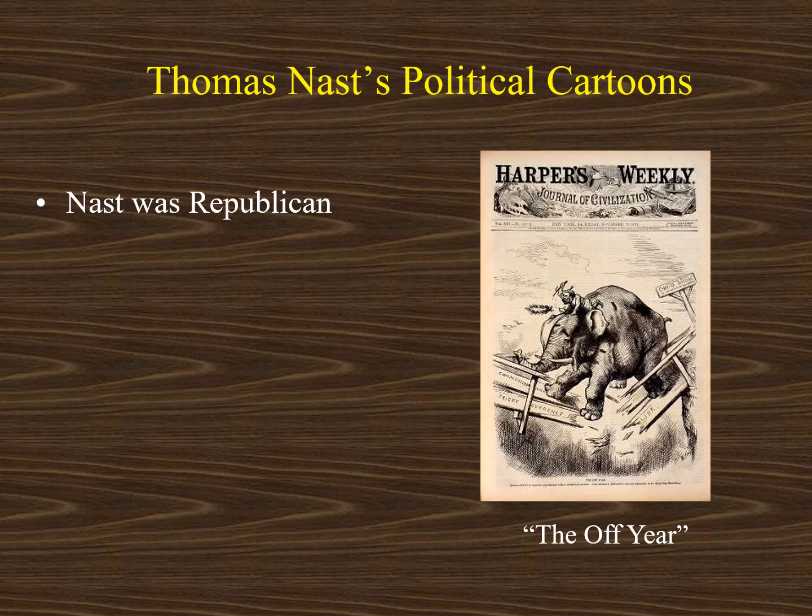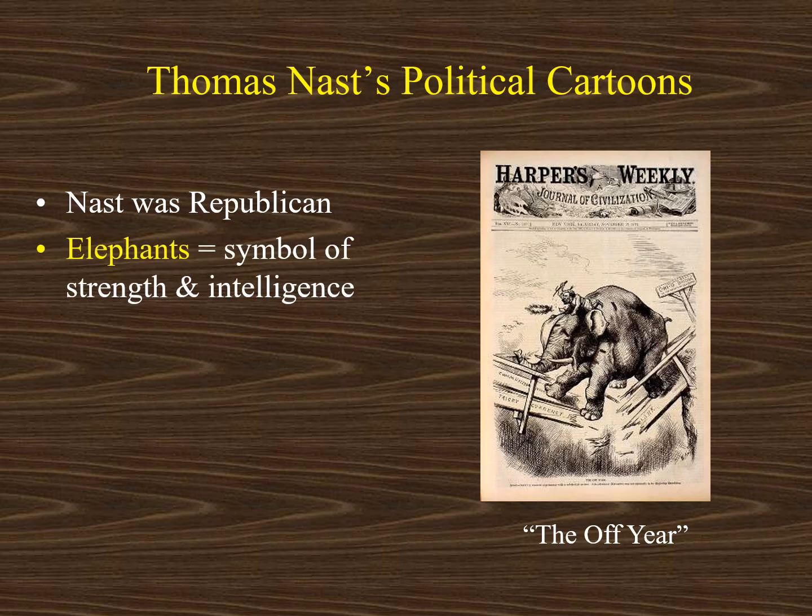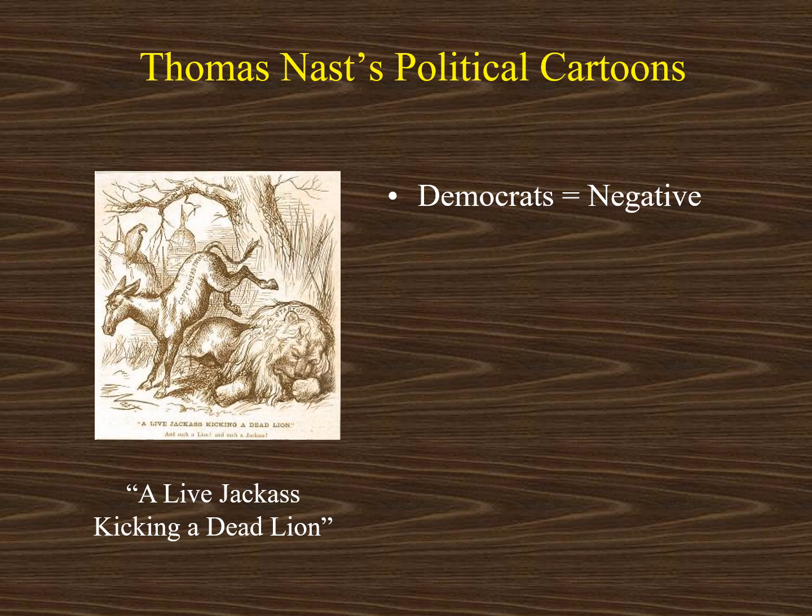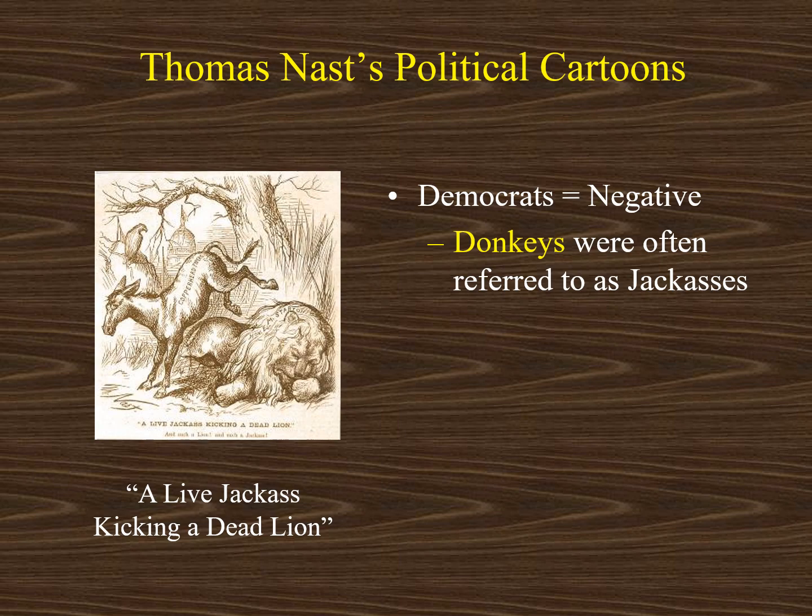Elephants have often been a symbol of strength and intelligence, and so elephants are actually connected to the Republican Party, and it goes back to these political cartoons of Thomas Nast. Nast wanted to portray Democrats in a negative light, and so he linked donkeys, which were often referred to as jackasses, to the Democratic Party. Both of these symbols stuck over the years.